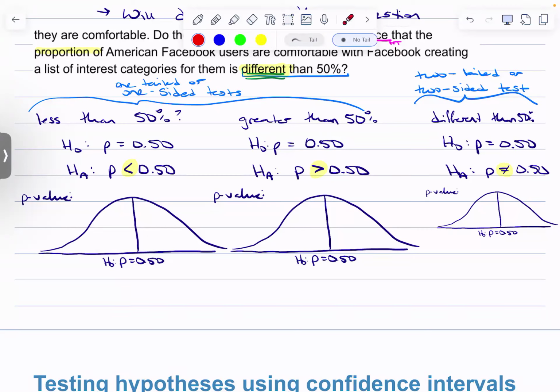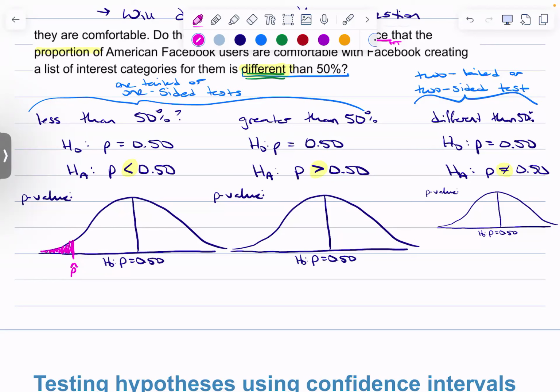But like we said, if I want to prove that something is significantly less than 0.5, it better actually turn out to be less than 0.5 in my sample, right? I can't use 0.6 to prove that it's less than 0.5. So we're going to find our p-hat somewhere down here, somewhere below, and we're trying to determine if it's significantly less than 0.5, which means that your 1-sided p-value, right?